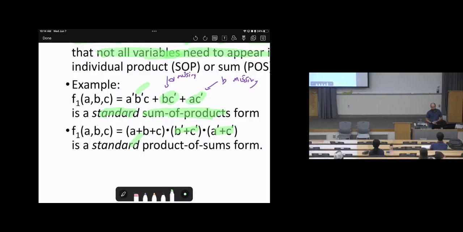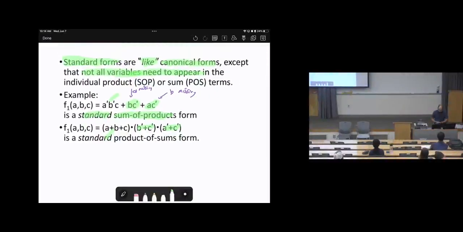Okay, what do we need to do? This is written in the standard representation. If we need to make it in canonical form, you know how to do it: for the missing variable, add A plus A bar here. And here for the missing variable, add B plus B bar. Okay?